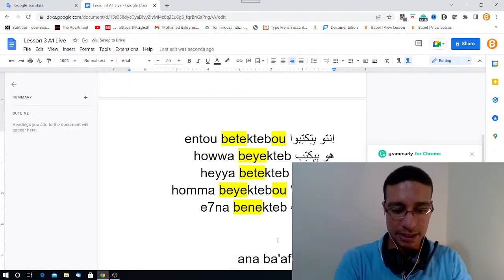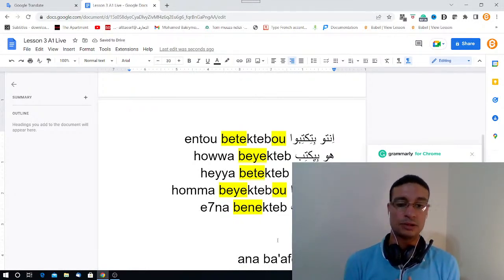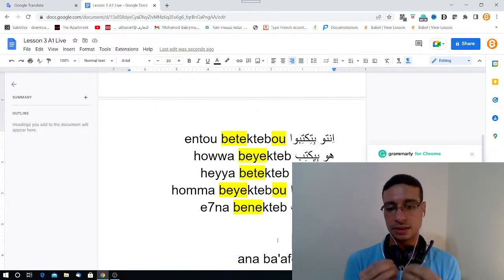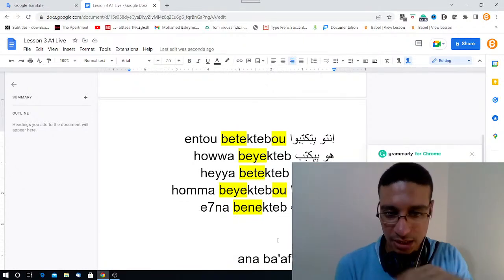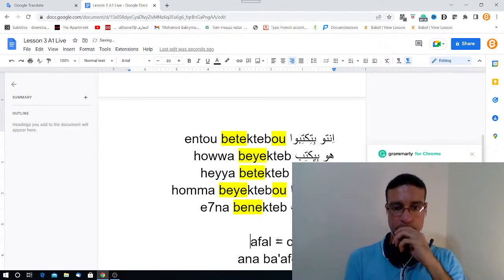So it's afal. This is how I pronounce it in Egypt, and also in Levantine Arabic, in Syria, in Lebanon, it's the same rule. So this letter qaf becomes like a. So afal, this is the verb to close. Like to close the door, for example.